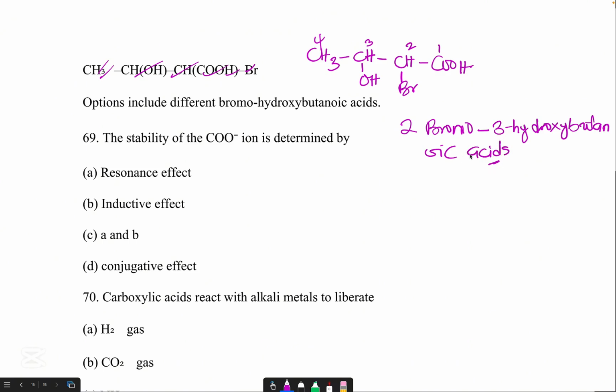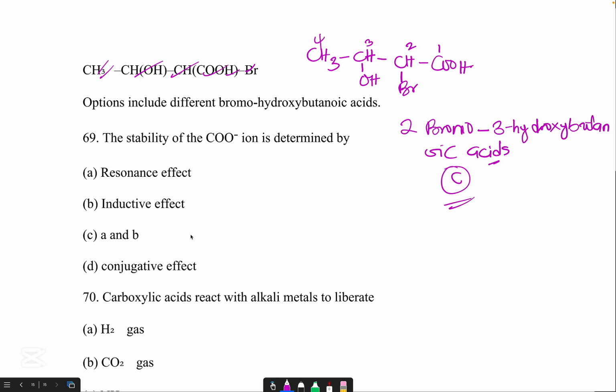They didn't give the options. So the correct answer is 2-bromo, 3-hydroxy butanoic acid, which is option C. Option C is the correct answer to this question. But the options were not actually named here.